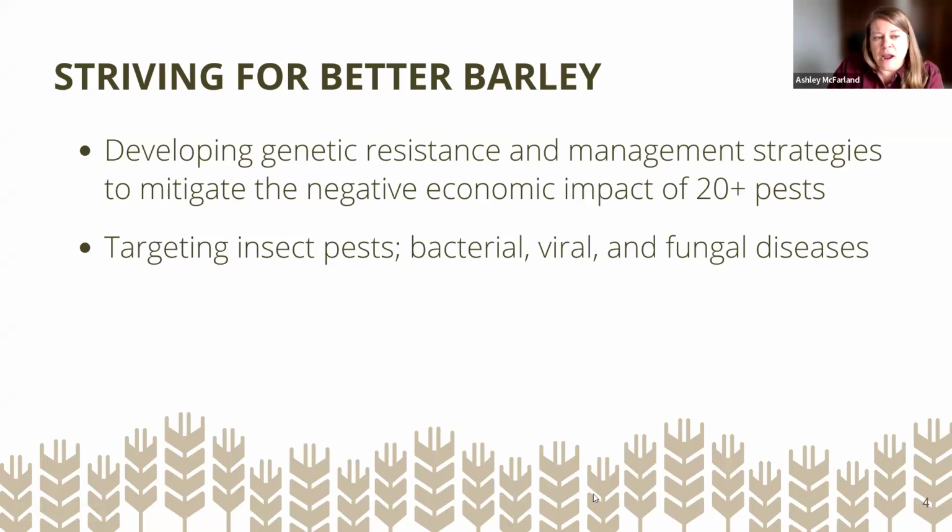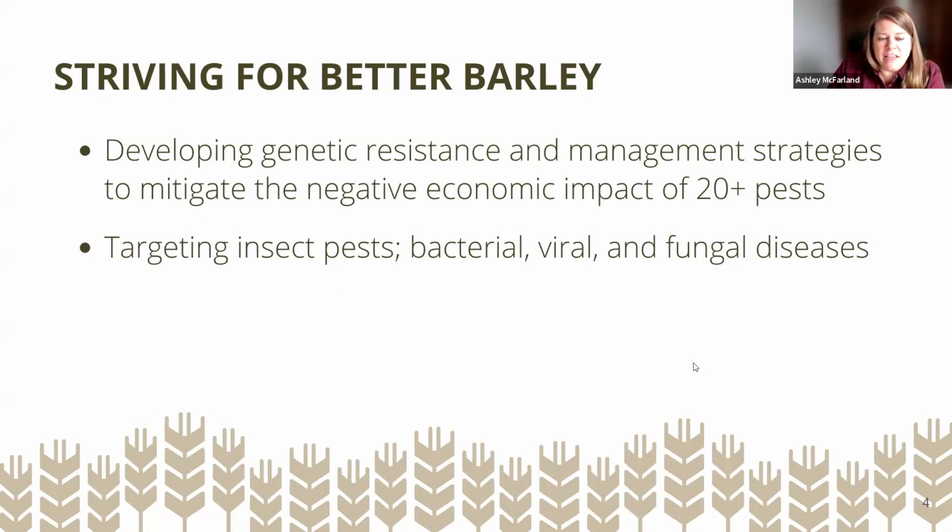But the two main priorities for the BPI are first, to develop genetic resistance and management strategies to mitigate the negative economic impact of over 20 pests. And to put some context there, we're looking at insects and diseases other than fusarium head blight, and we've got over 20 on our priority list.